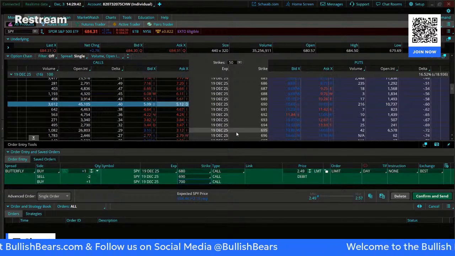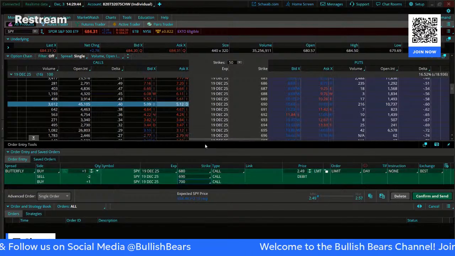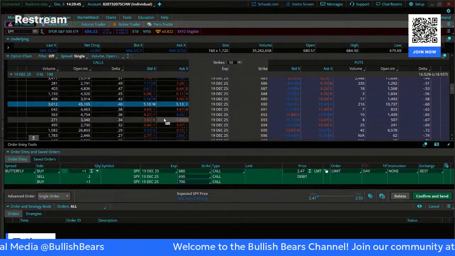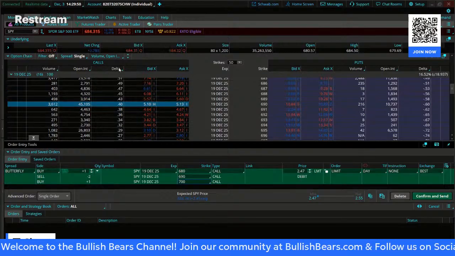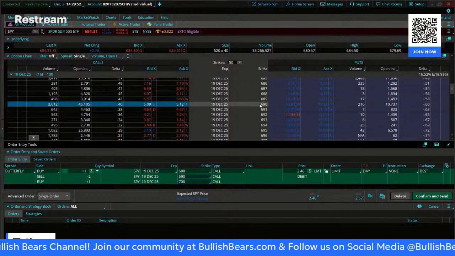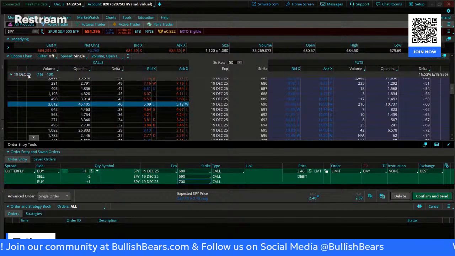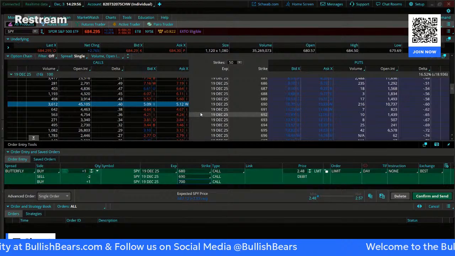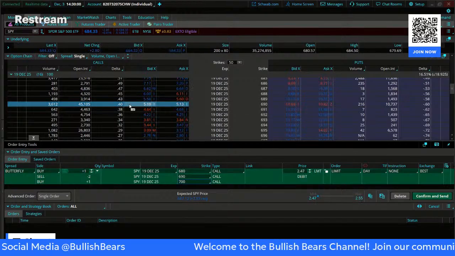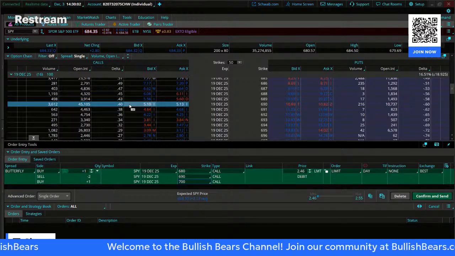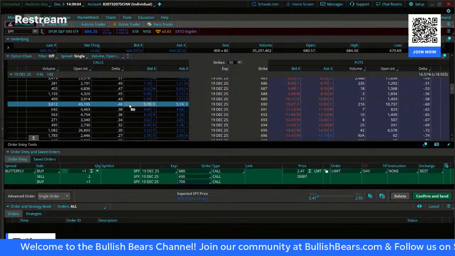Risk one to make three any day of the week. Now, how likely is it that this trade is going to work? Well, we can start with the delta. How likely is it that SPY can reach 690 with 16 days to expiration? There is a 40% chance that SPY will hit that between now and expiration.